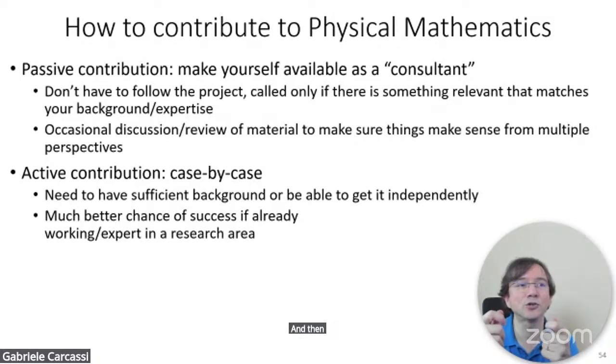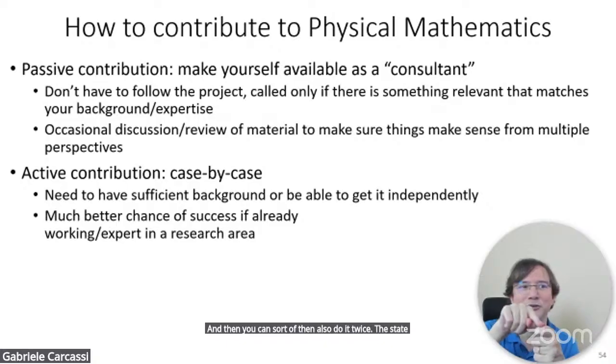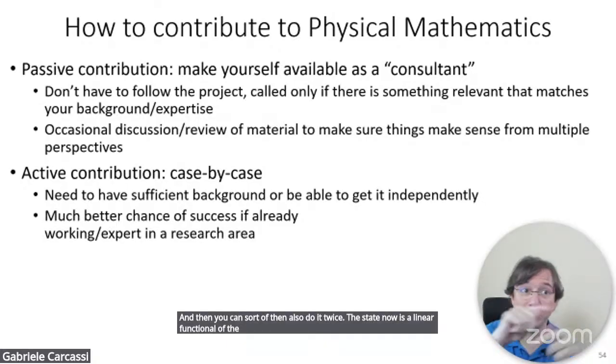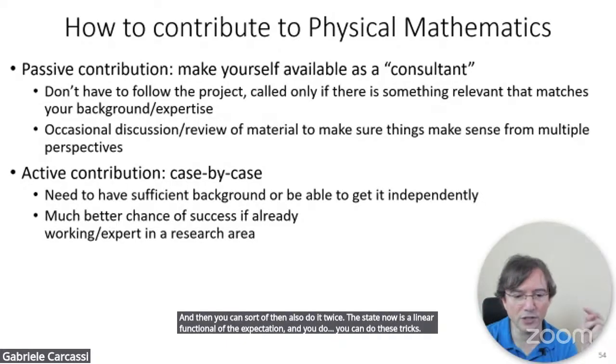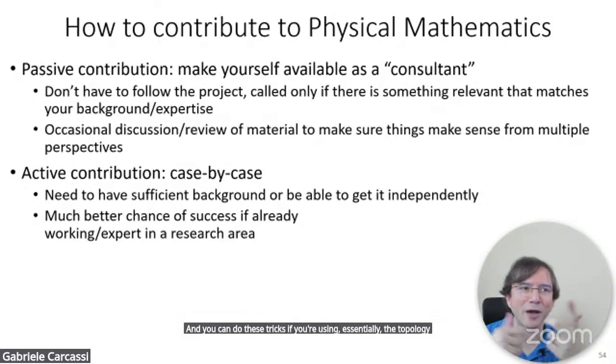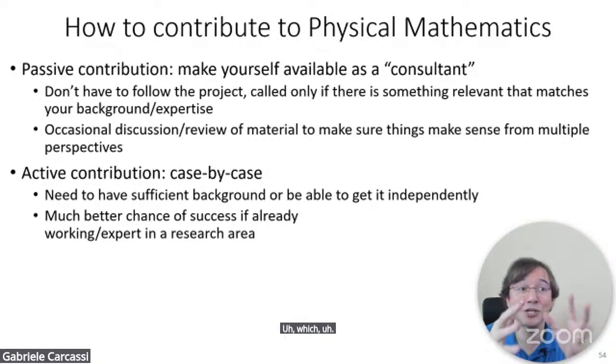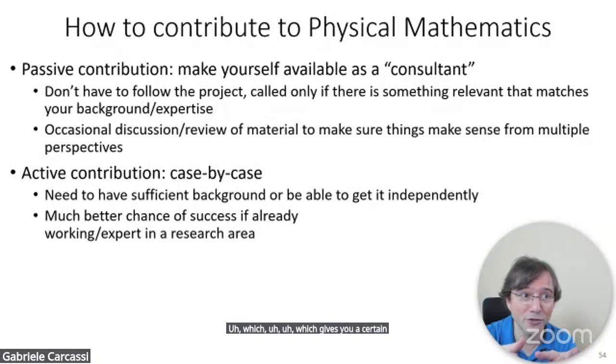And then you can also do it twice. The state now is a linear functional of the expectation. And you can do these tricks if you're using essentially the topology induced by the linear functionals, which gives you a certain type of convergence.